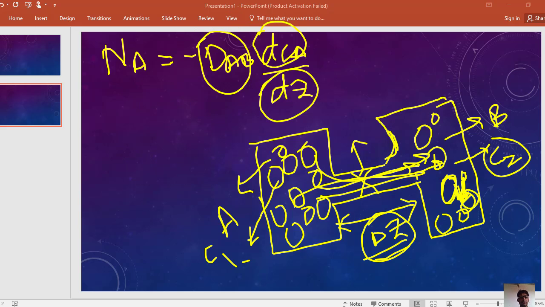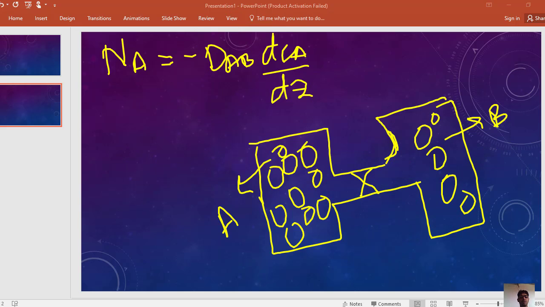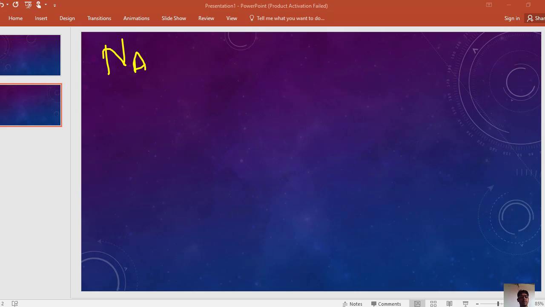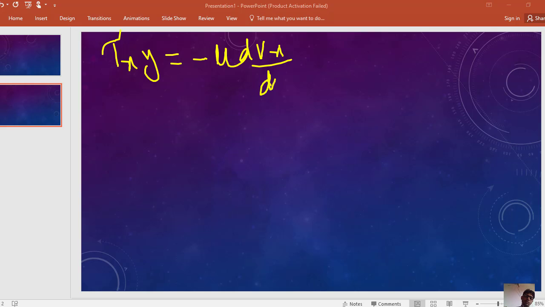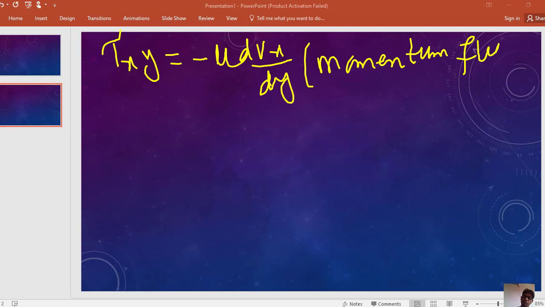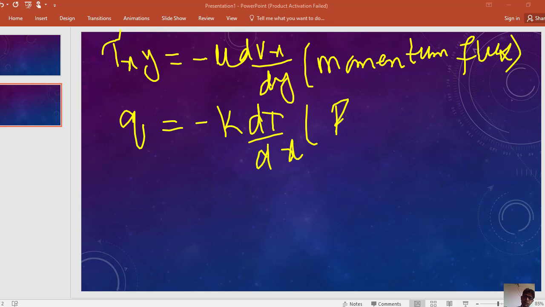Now, up to now we have discussed the three transport phenomena. Momentum transport is denoted by the momentum flux, tau xy, equal to minus mu into dvx by dy. This is the momentum flux. The heat flux is denoted by q equal to minus k dT by dx.